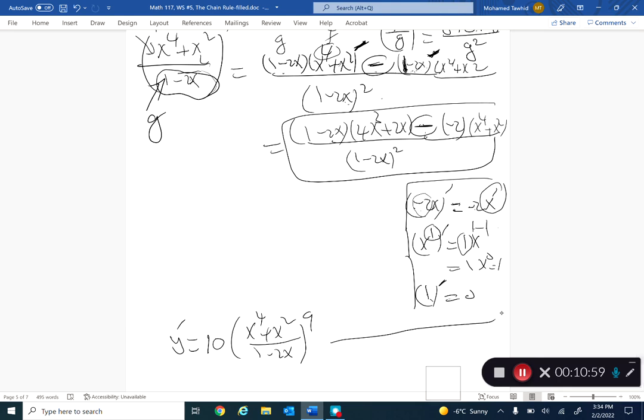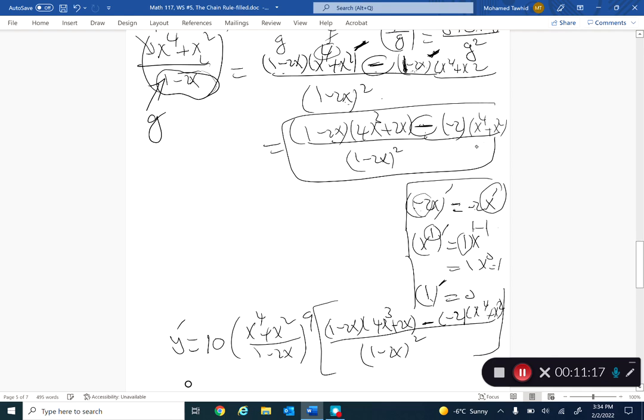No simplify, just copy. Exactly the same here. So you have 1 minus 2x multiplied by 4x cubed plus 2x, close the bracket, minus -2, right? X to the power 4 plus x squared. I'm just copying the whole thing up. I put it here. That is our y prime.